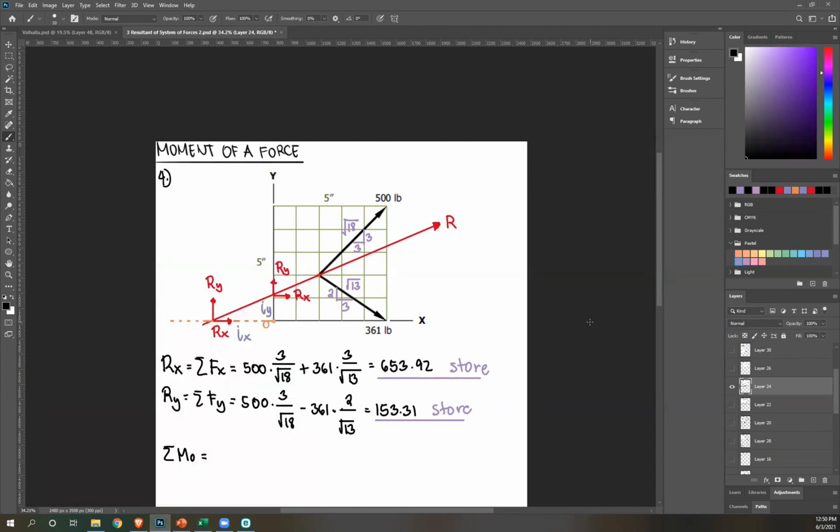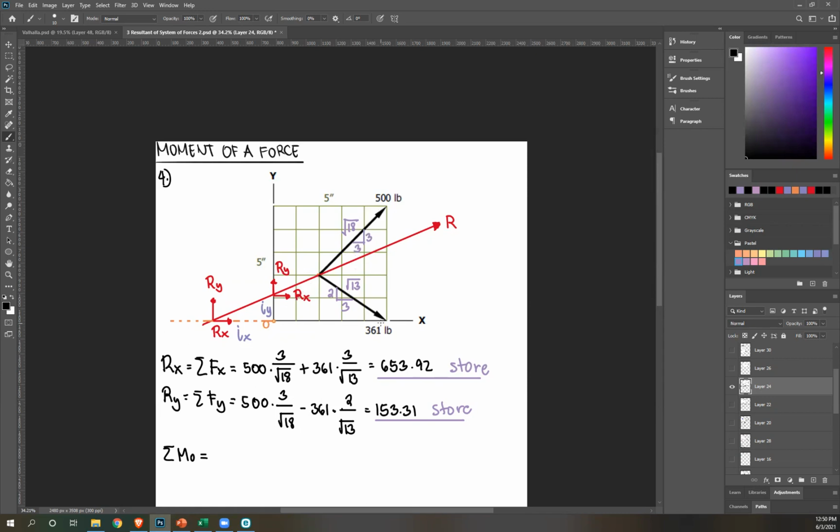Okay. Going back, summation of moment about O. Let's observe this 500-pound force. If we extend this line of action, we can see that it passes through O. So this is one instance where observing your line of action comes in handy, because now I don't have to solve for this, because I know the moment is 0. So I'm going to ignore the 500-pound force.